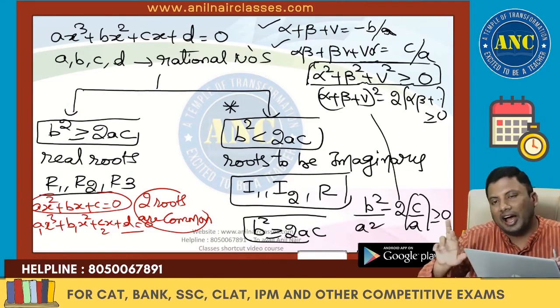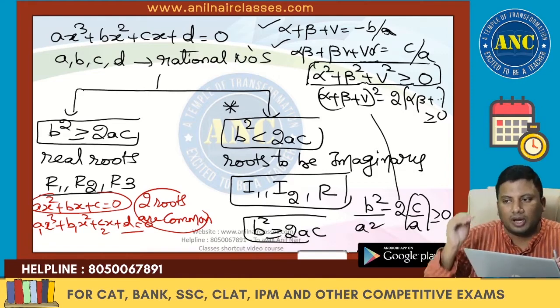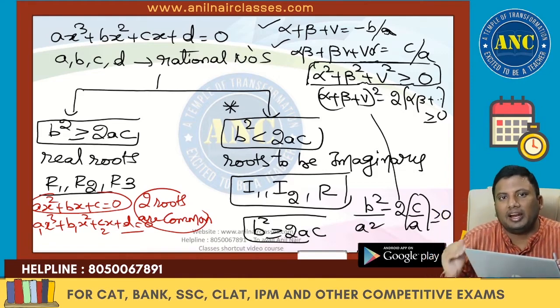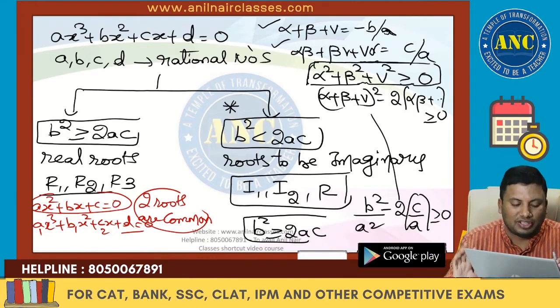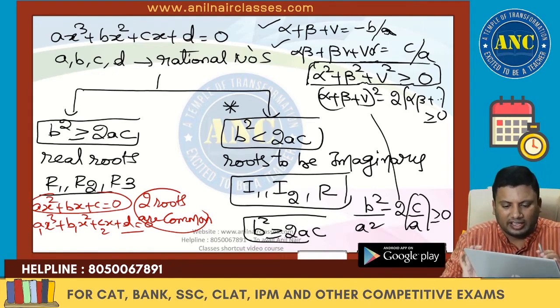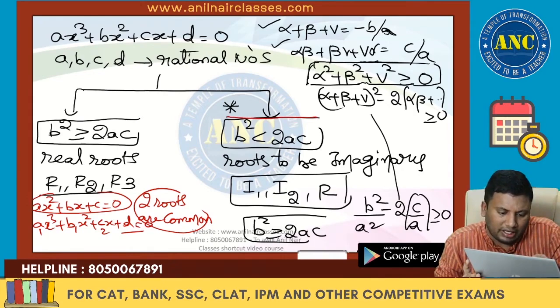Is it clear? I1, R1 is not possible. Either both of them will be real or both of them will be imaginary. That, in a CAT level question, I will solve. Is it clear? Extremely important point.